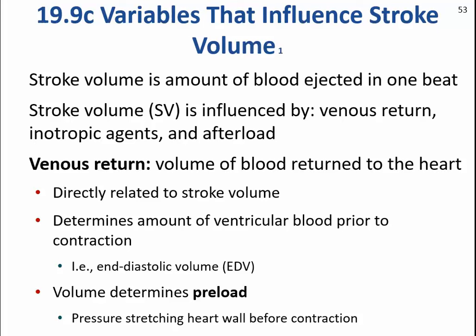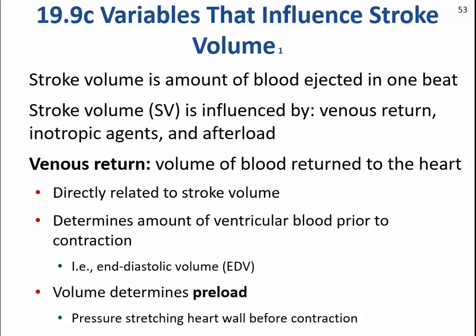Breathing deeply will actually suck blood because when you take a deep breath, the pressure in the thorax goes down, which will pull blood towards the heart, which is in the thorax. Skeletal muscles contracting will also squeeze veins and push the blood towards the heart via their valves. So those three things increase venous return, which in turn increases end diastolic volume, which then increases stroke volume.